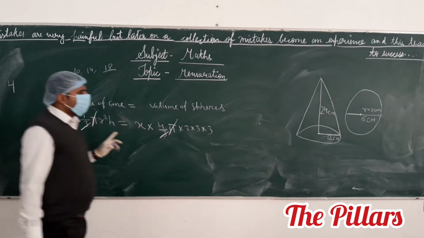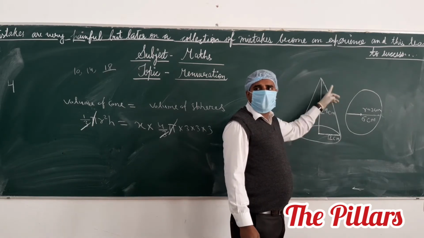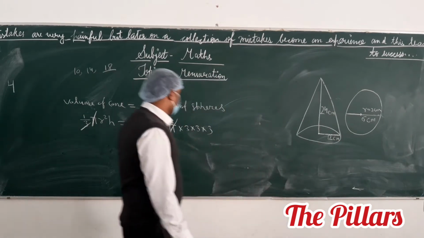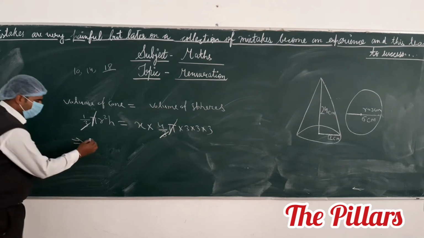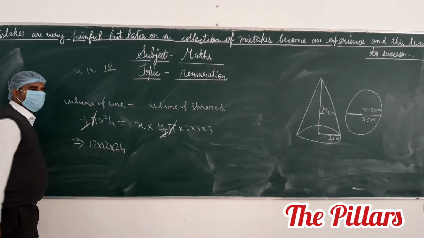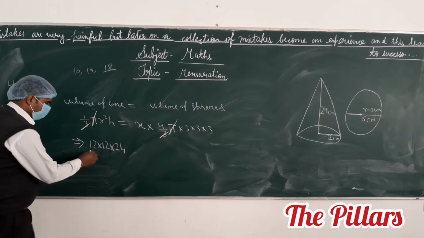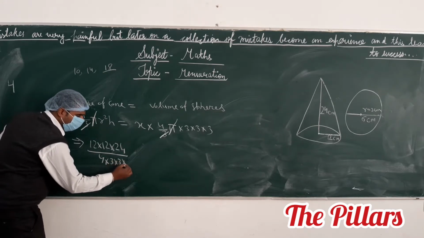Radius r equals 12 centimeters and height is 24 centimeters. This implies r square h is 12 into 12 into 24, divided by 4 into 3 into 3 into 3.